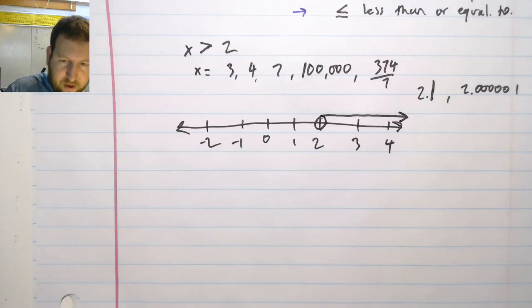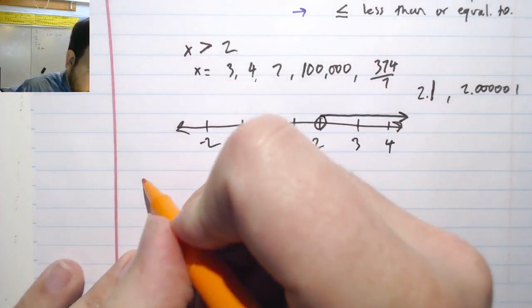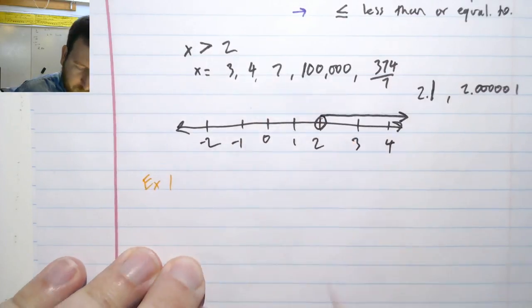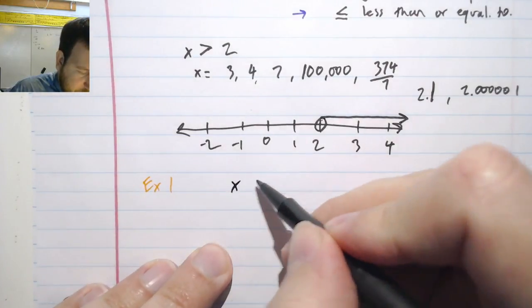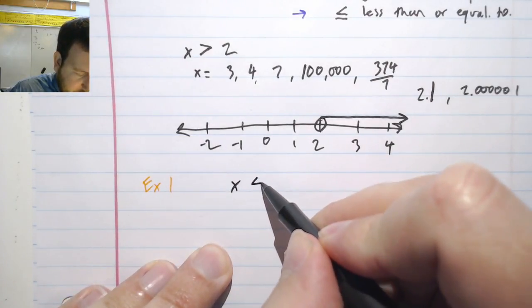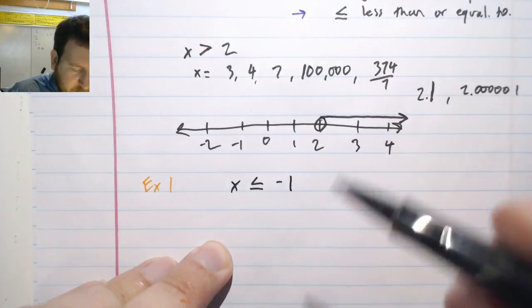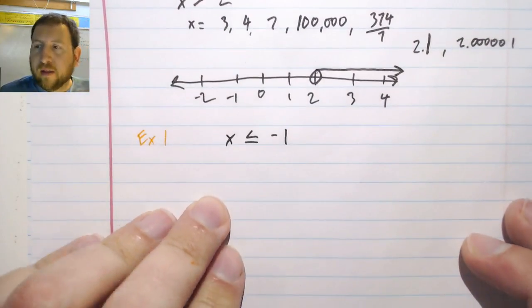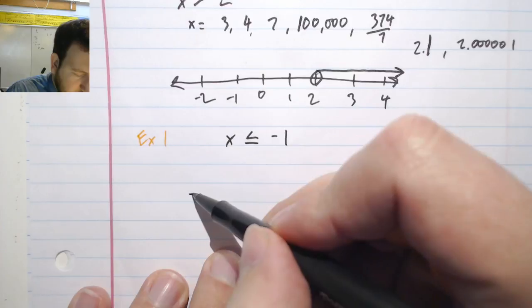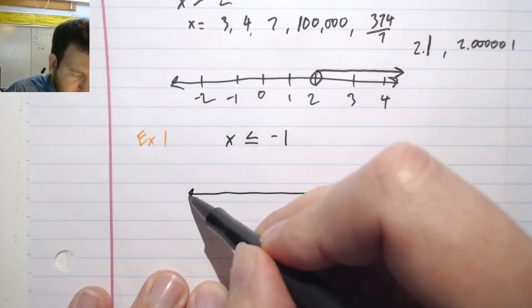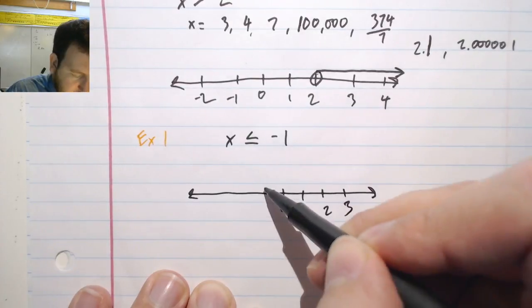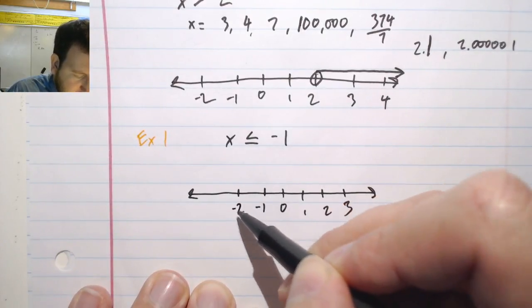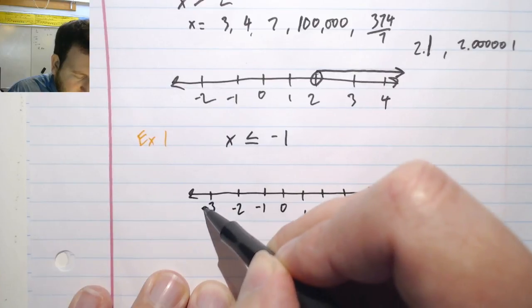Okay, let's take another look at a quick example. Say I'm going to graph x is less than or equal to -1. All right, same thing. I'm going to start off with my number line. 0, 1, 2, 3, negative 1, negative 2, negative 3. It's supposed to be a negative, sorry.